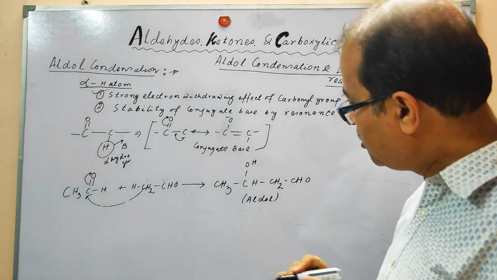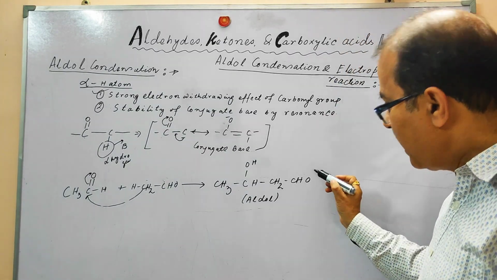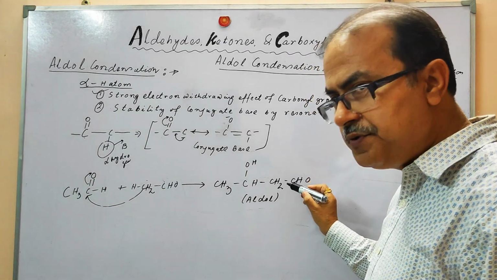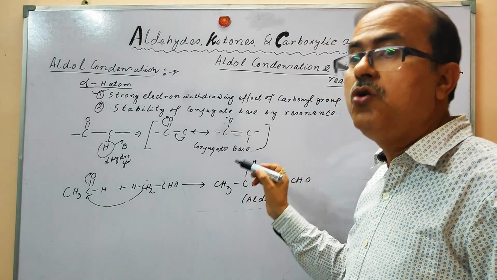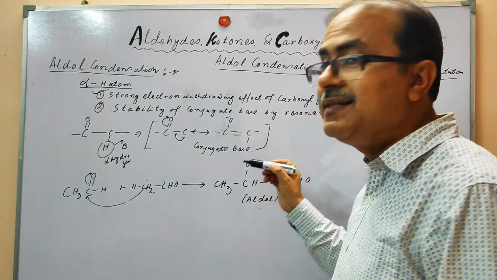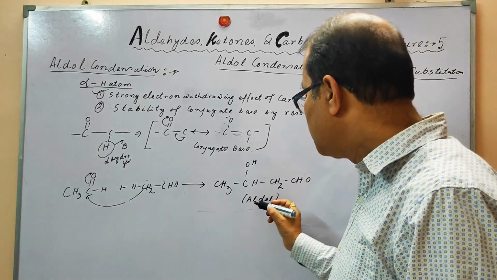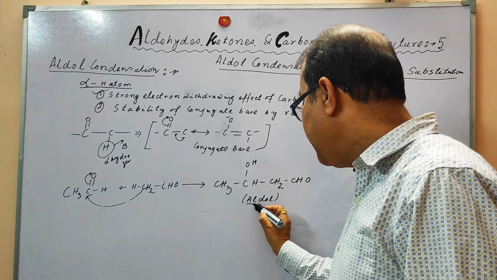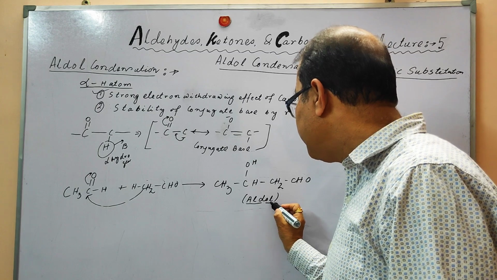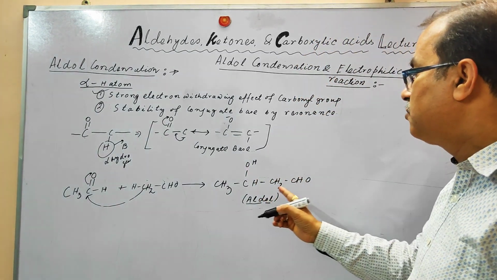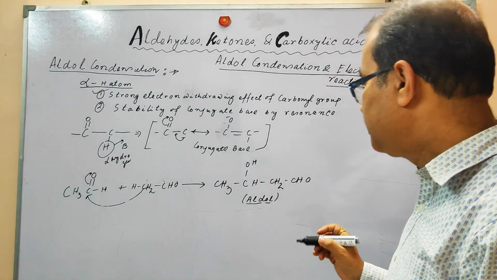This is aldol because here you can see one aldehyde group is there and another is an OH group, meaning alcohol group, which makes the compound an alcohol. So ALD comes from the aldehyde and OL comes from the alcohol. That is why it is called aldol, aldol condensation.